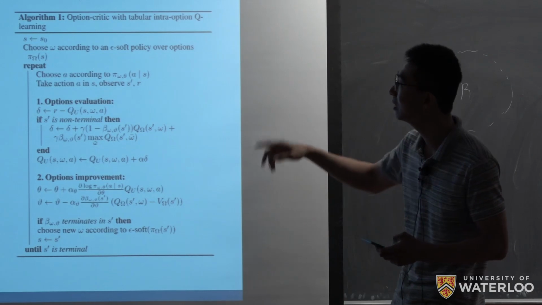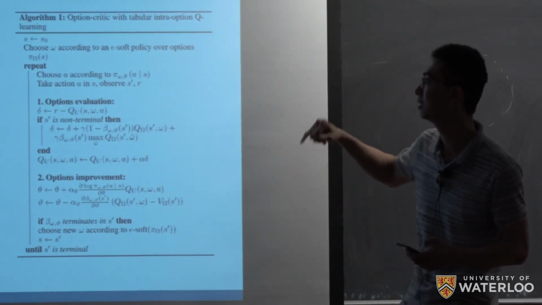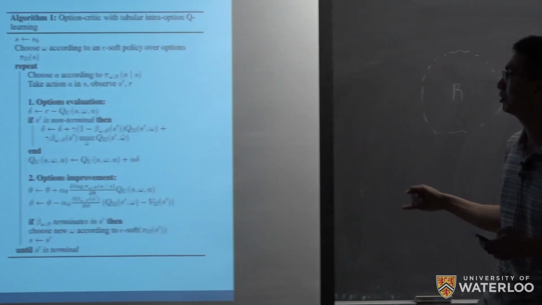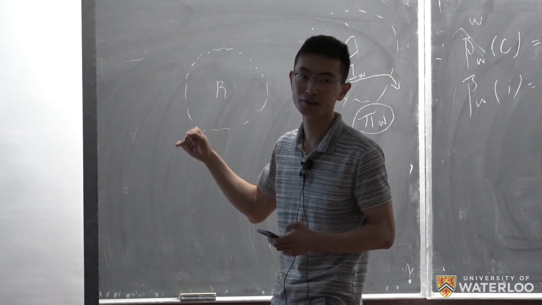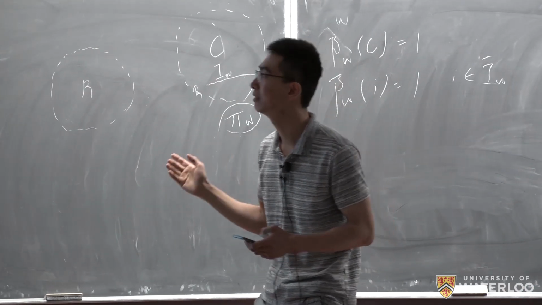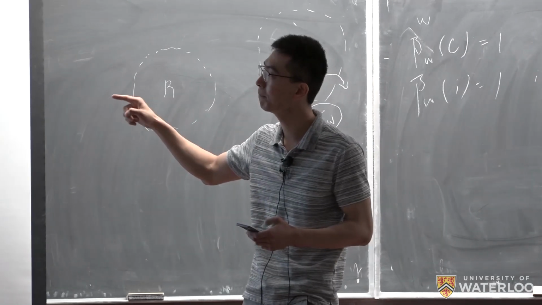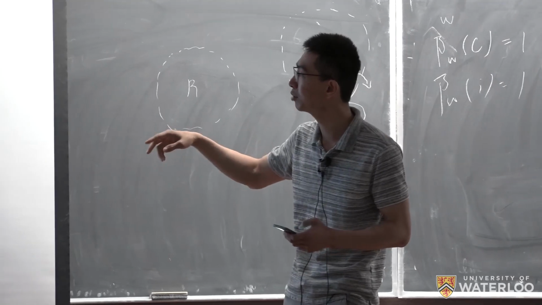And lastly, after taking this action, we need to evaluate the termination of the next state. If the next state is not a terminated state, we can continue using this option to take another action.